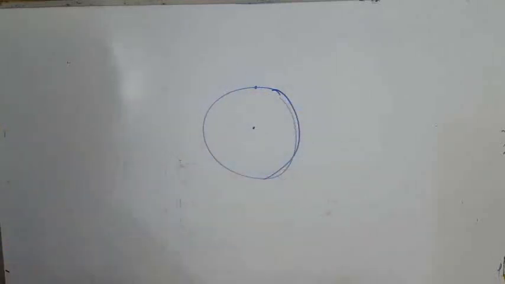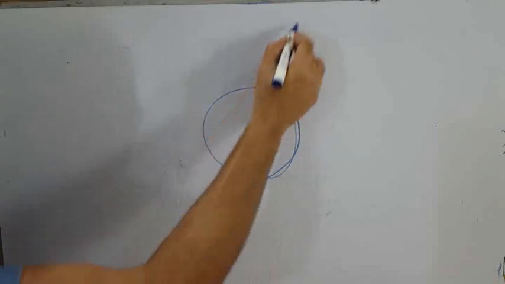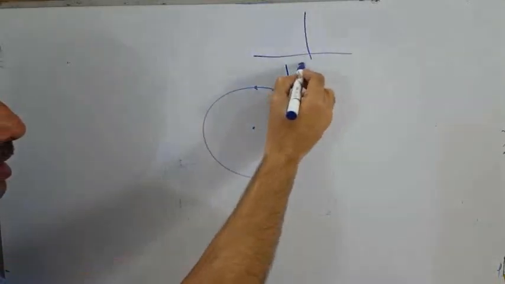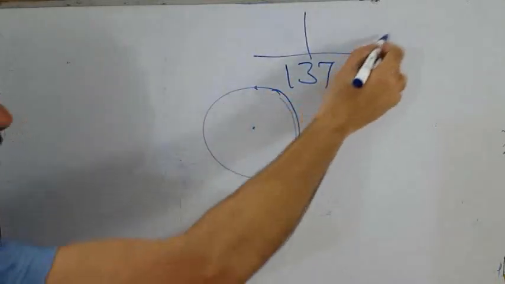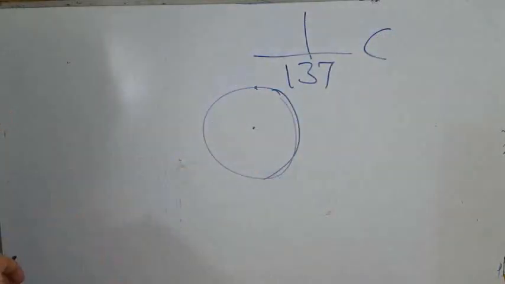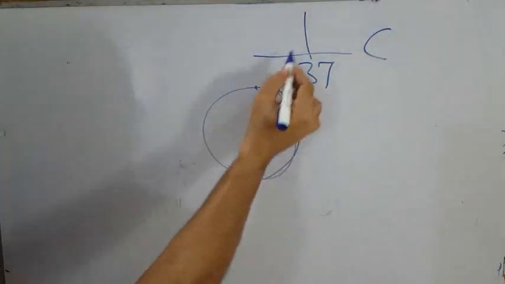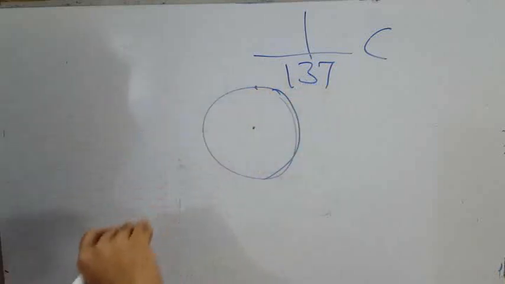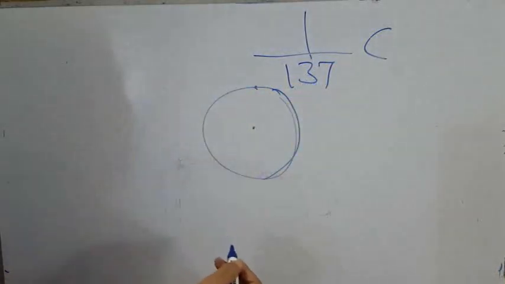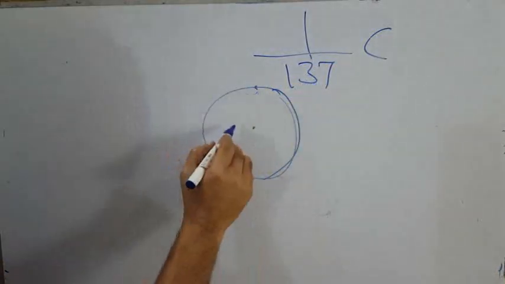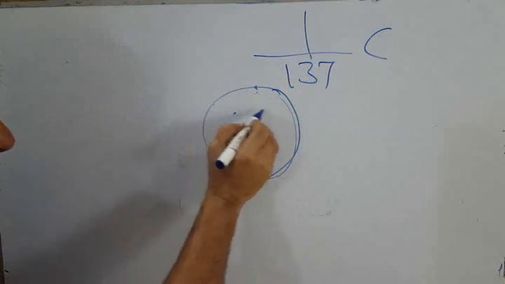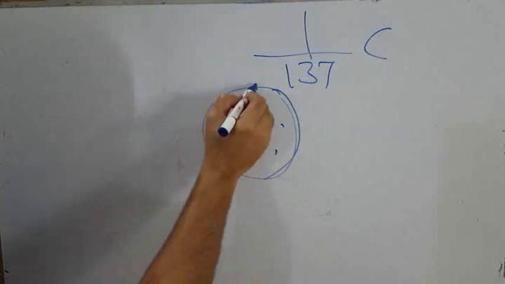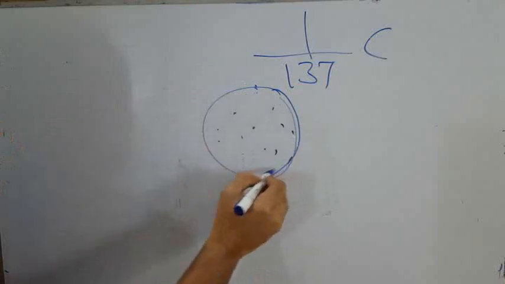We cannot tell because its speed is very high, approximately 1 upon 137 c. If it is moving with such a high velocity in the classical sense, then we cannot find its exact position, whether it is here, here, here.